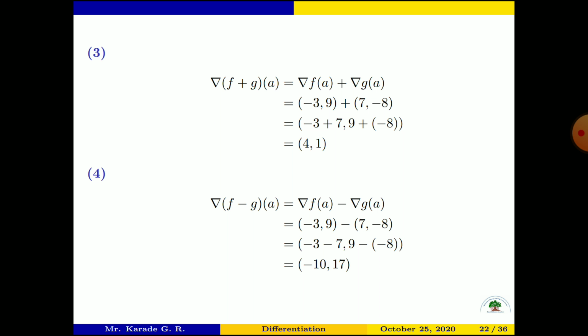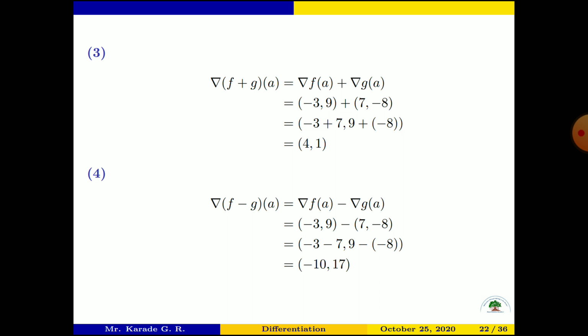Now we find the gradient of f minus g. Again we use the algebra of gradients. The gradient of the subtraction of two functions is equal to the subtraction of their gradients. That thing is known to us. Therefore, the gradient of f minus g at point a is equal to the gradient of f at a minus the gradient of g at a. In the second step, it is equal to the vector (-3, 9) minus the vector (7, -8).